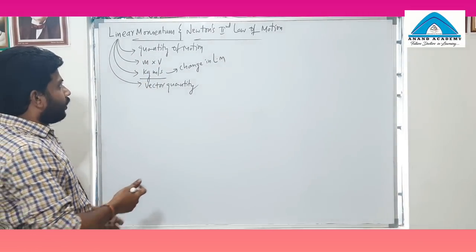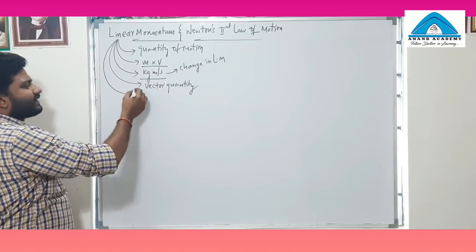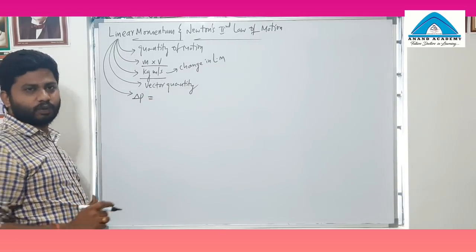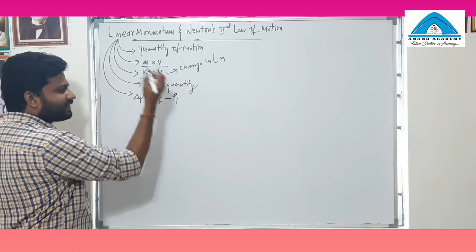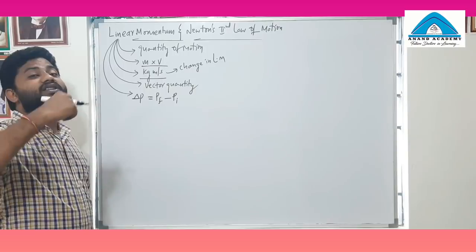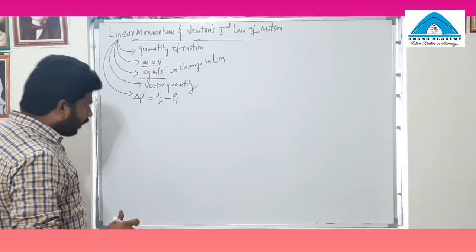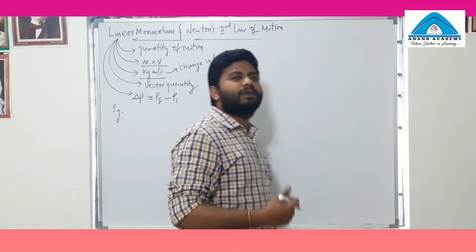Linear momentum is m into v, and delta p is the change in linear momentum, which is final linear momentum minus initial linear momentum. That's called change in linear momentum.